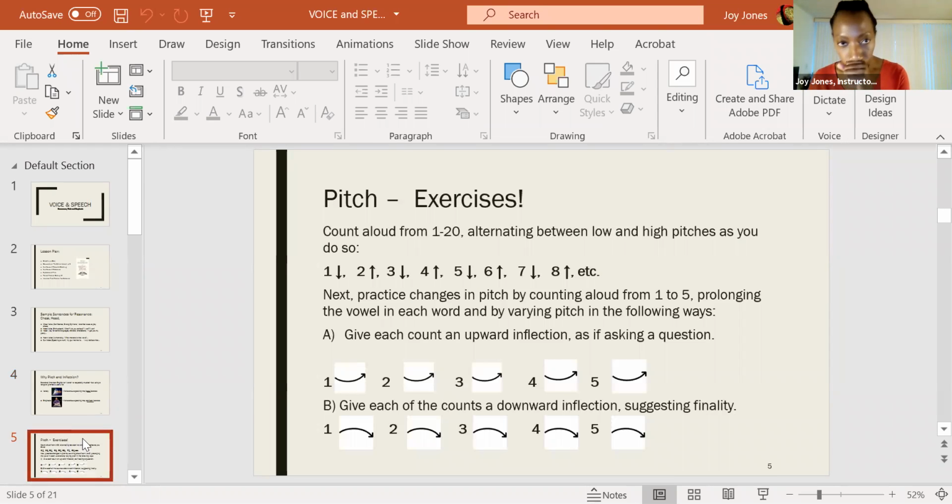All right, so then here we go. The first exercise, and these next several will all be about a series of numbers with pitches. This first one, as you see here, invites you to count aloud from 1 to 20, alternating between low and high pitches as you do so. So the pattern would be 1, 2, 3, 4, etc. But because we're using this as part of our warm-up, the difference between the high and low will be more subtle.